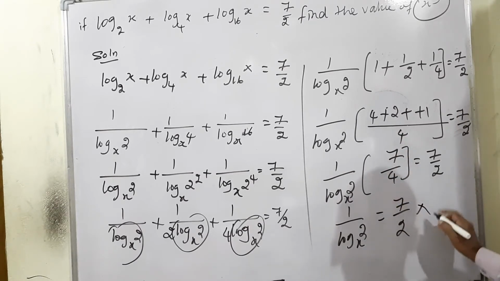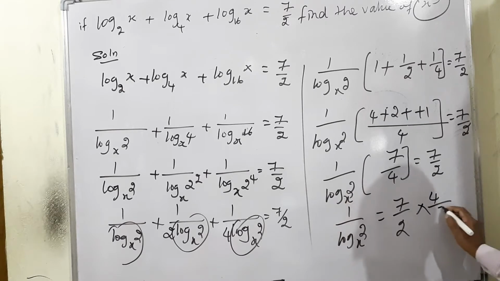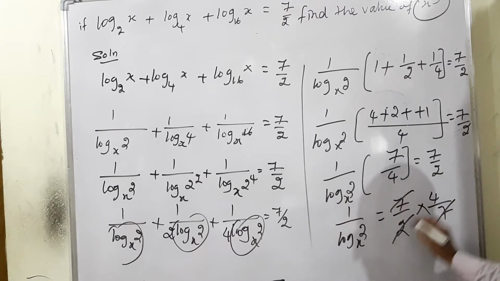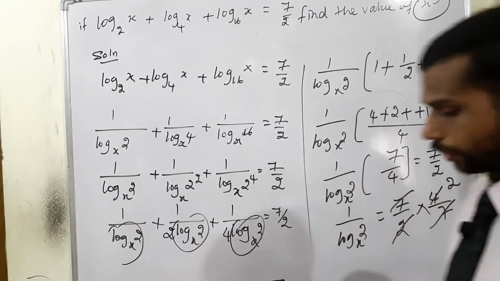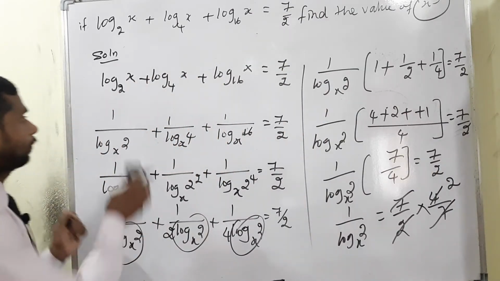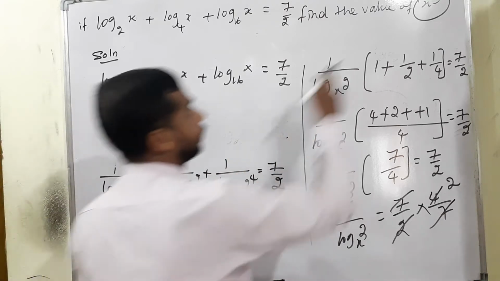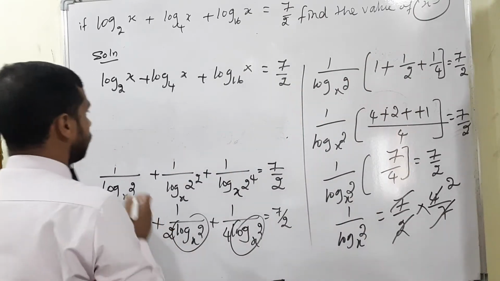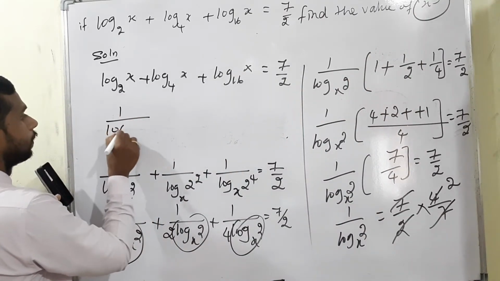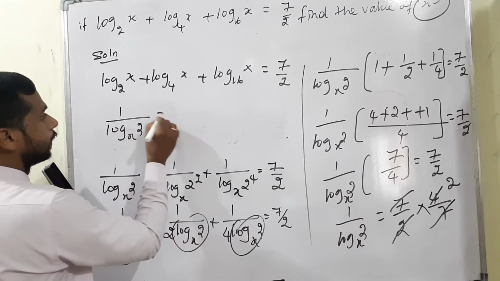Bring 7 by 4 to the opposite side, which means reciprocal: 4 by 7. The 7s cancel, and 2 and 4 give 2 times. We need the x value, so the remaining 1 by log 2 base x is equal to 2.